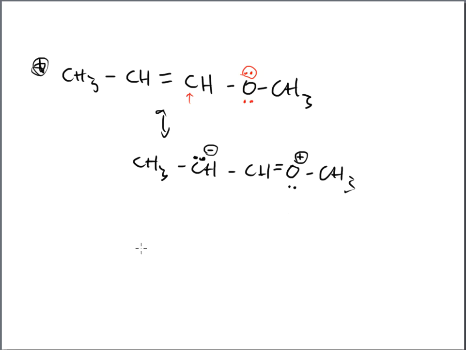So now I need to do a resonance hybrid. I'll start with my original. I'll just rewrite it. And if I look at this particular type of molecule, this double bond, in that form, it's not really there. So it's only there part of the time, right?